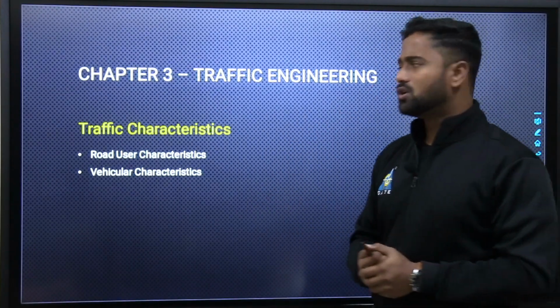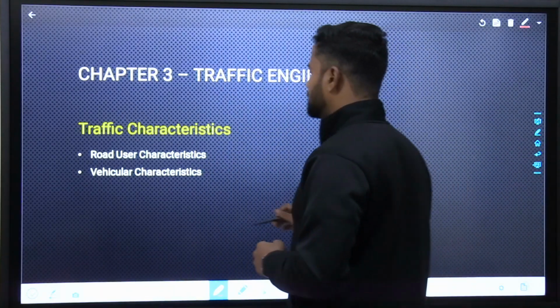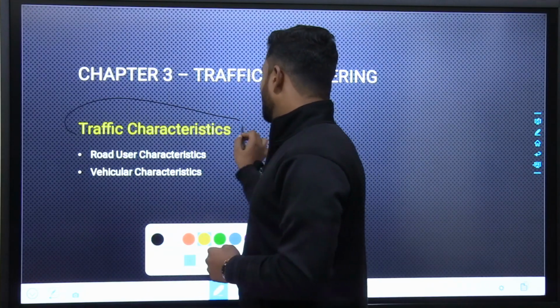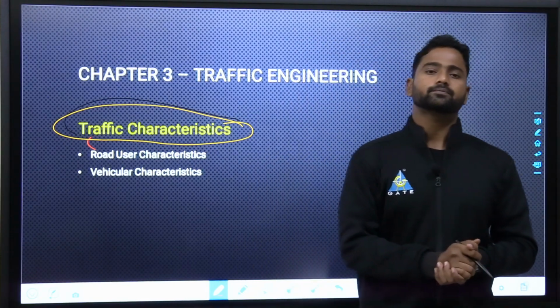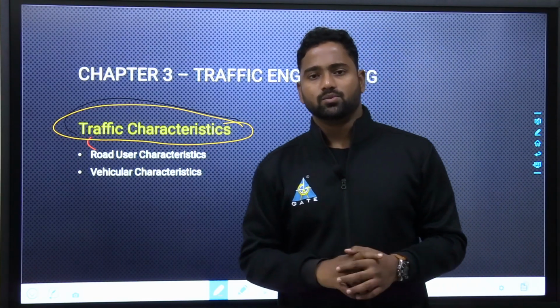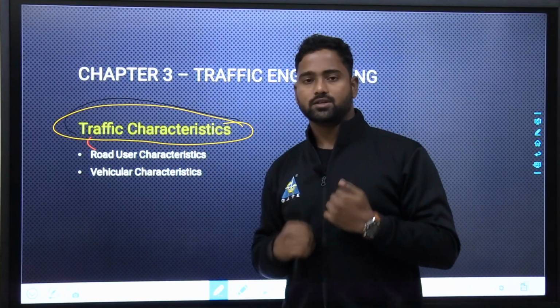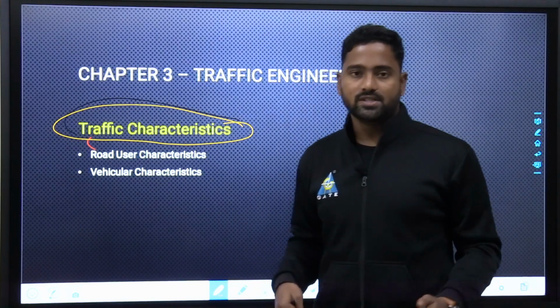In this, what you generally see is traffic characteristics: road user characteristics as well as vehicular characteristics. Road user characteristics means what? Our eyes, our mental condition, our ears, and how physically fit we are.